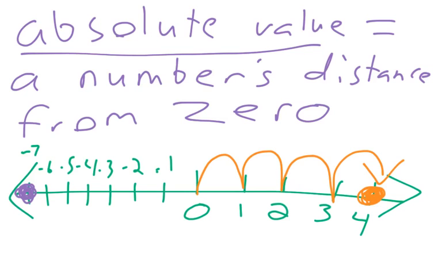But if I look over here at this dot, how many spaces away is it from 0? It is 1, 2, 3, 4, 5, 6, 7. So the absolute value of -7 is 7. It's 7 spaces away from 0. The absolute value of 4 is 4 because it's 4 spaces away from 0.